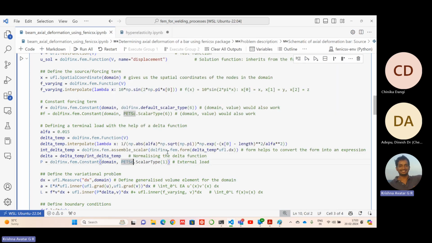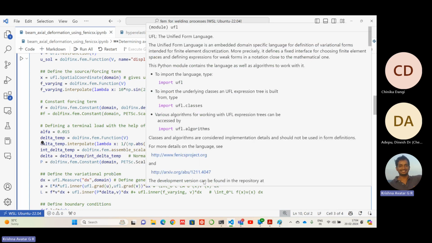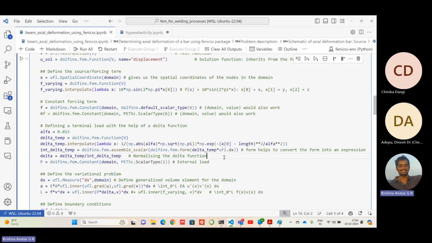So through this we are introduced to dolfinx.fem.assemble_scalar as well as dolfinx.fem.form. Assembling a scalar means that, in the first place, we want to integrate delta over the entire domain. We are using the mathematical programming language that the FEniCSx package has within it. So we are doing delta temporary into ufl.dx.